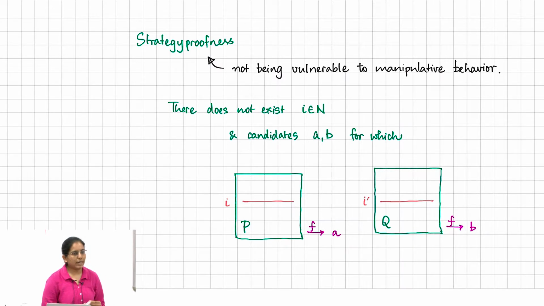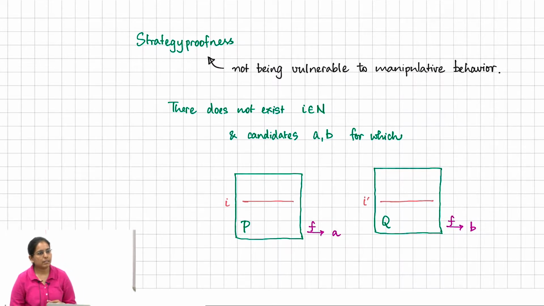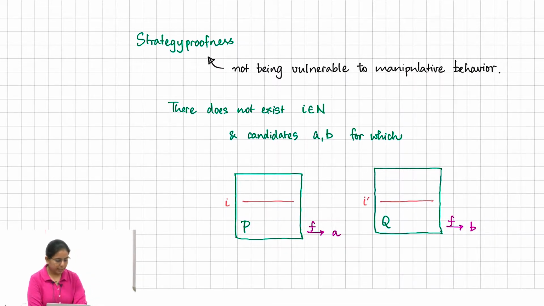And how do we want A and B to be related? When does this constitute a valid manipulation? So for example, if in the true preference of I, B is ranked below A, would you consider this a manipulative scenario? If B is ranked below A, would the voter I be tempted to move to the profile Q from the profile P?